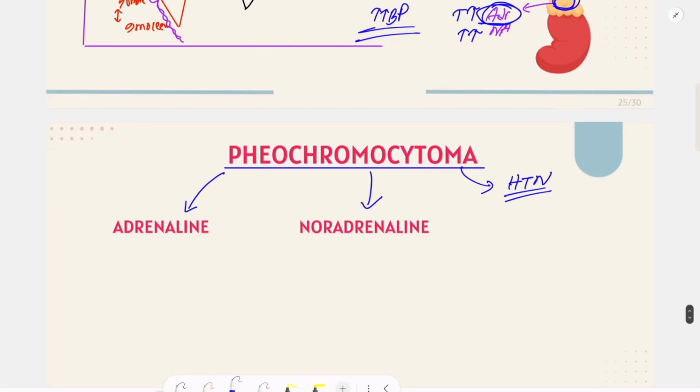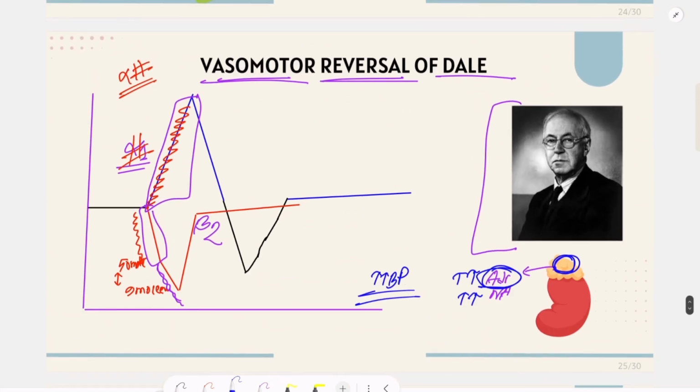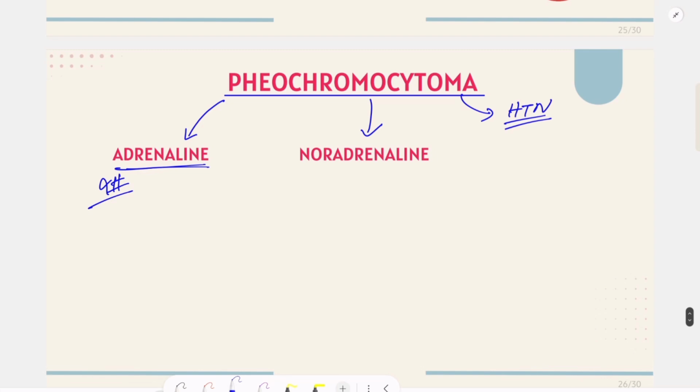But if we use an alpha blocker in an adrenaline producing tumor, this vasomotor reversal phenomenon will occur, so there will be an excessive decrease in blood pressure. Think that the person has an adrenaline producing tumor and his blood pressure is 180. Normally we will think that by giving an alpha blocker, we will reduce this 180 BP to 120 BP.